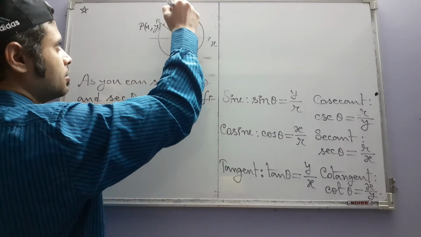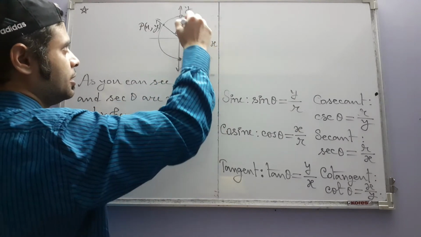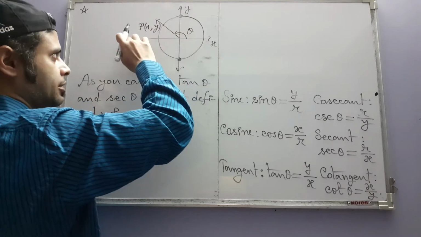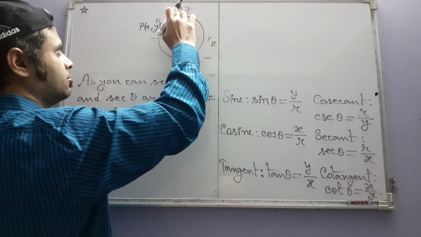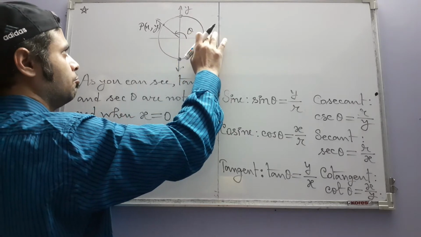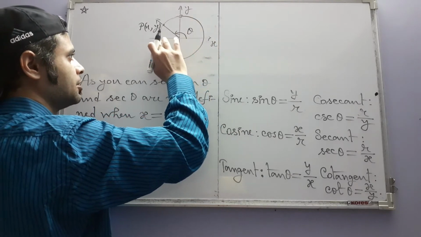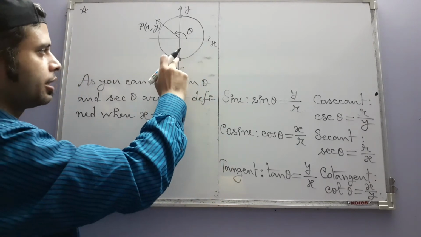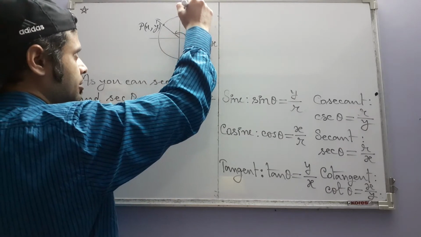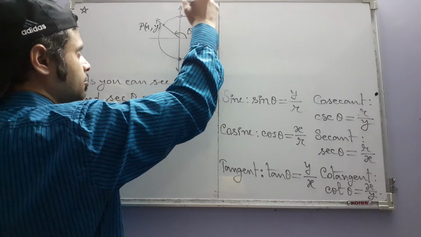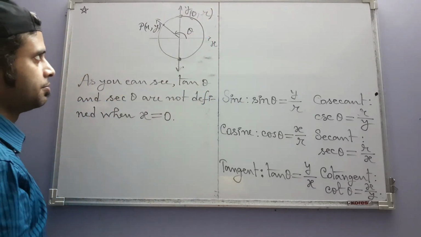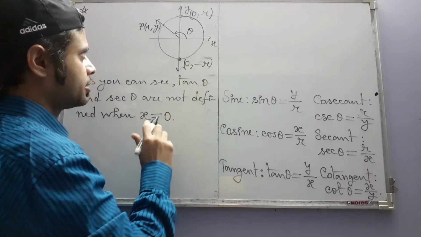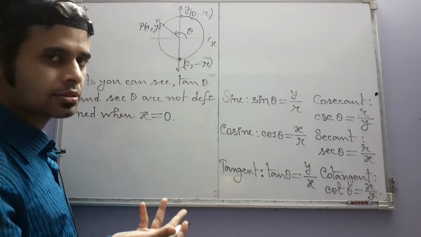But if your angle is larger than that, you exceed pi by 2 radians, and then 1 times pi by 2, 2 times pi by 2, 3 times pi by 2, you come here, then again you have a problem. Here also x is 0. Here the coordinates are 0, r, and here the coordinates are 0, minus r. Don't forget that the circle has radius r.